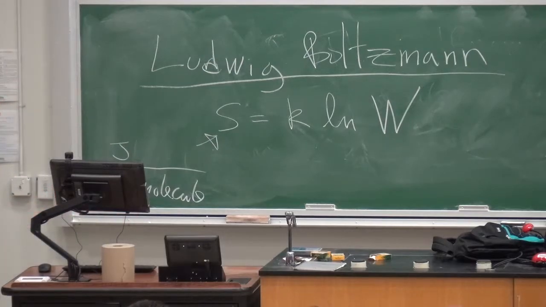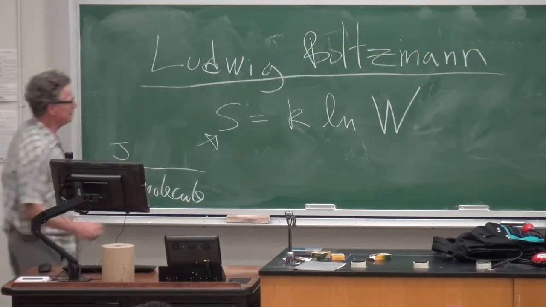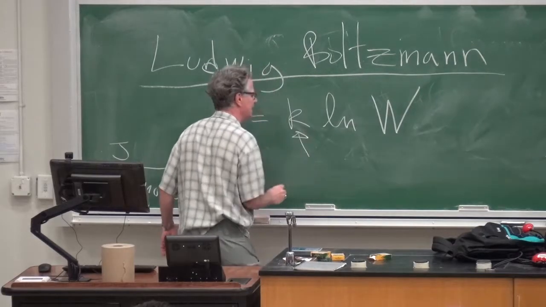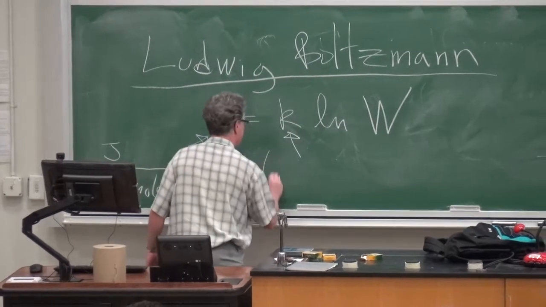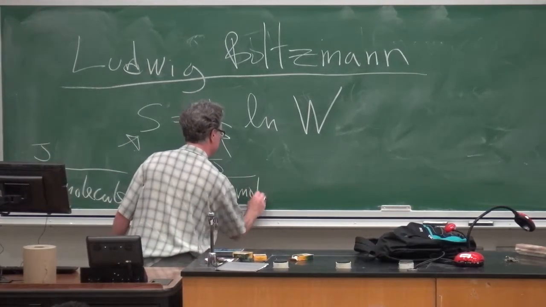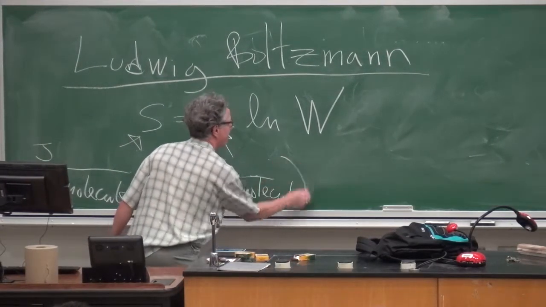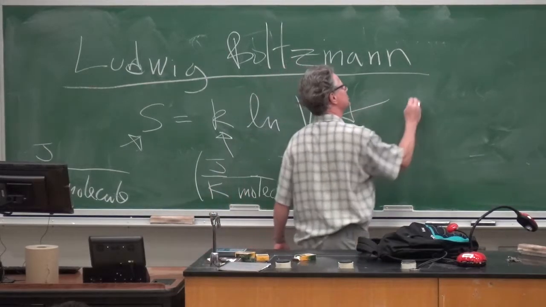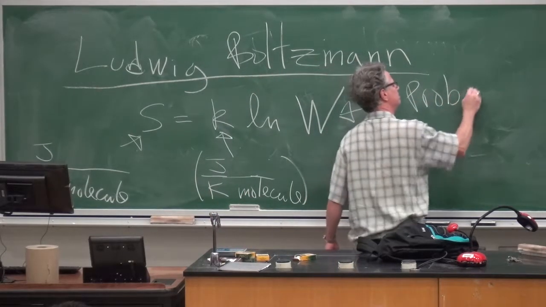So it's the entropy that the molecule has. K is the Boltzmann constant in joules per Kelvin per molecule. And W is a probability term.